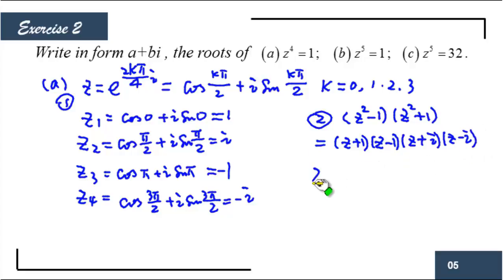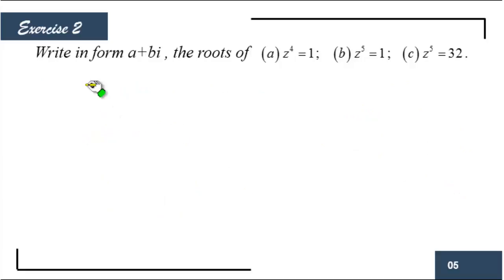That means z could be minus 1, positive 1, negative i, positive i. Next one is z to the 5th power equal to 1.